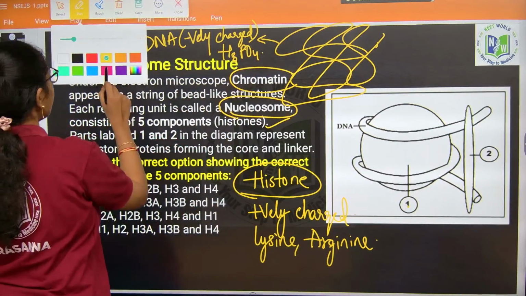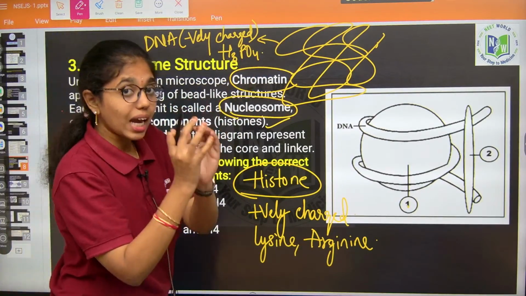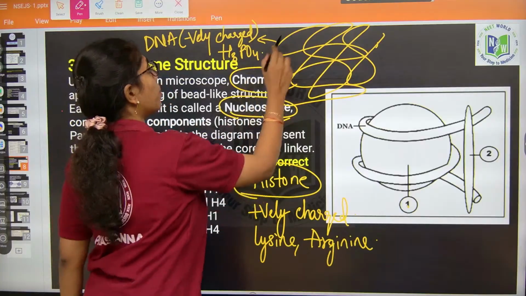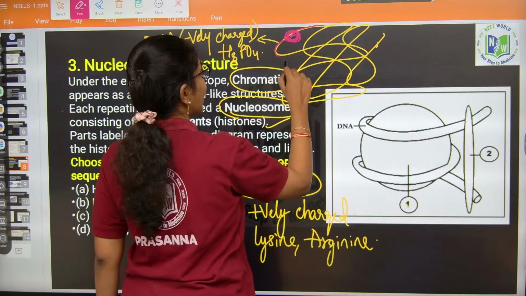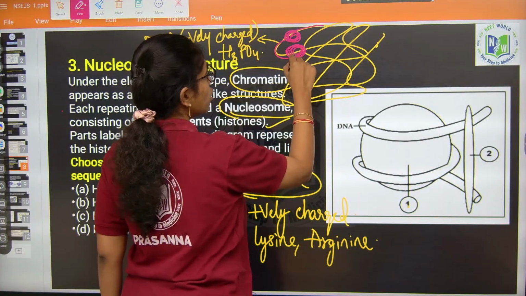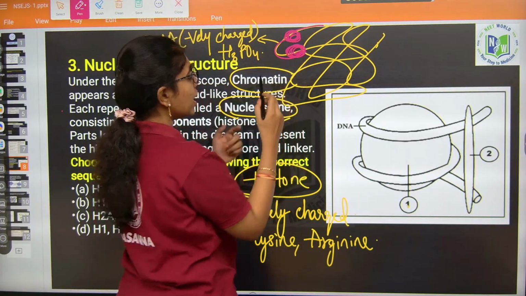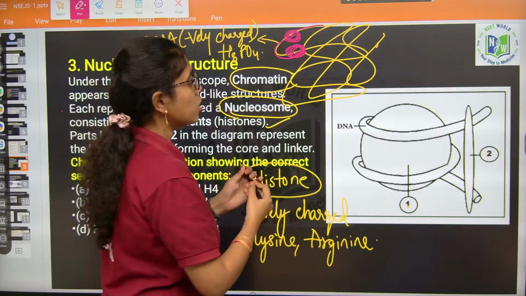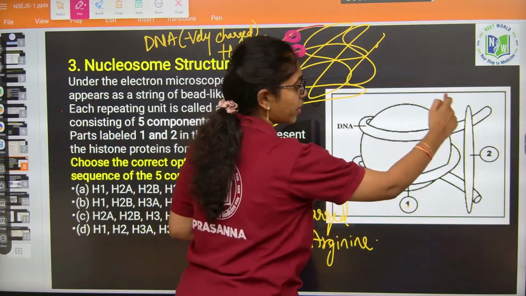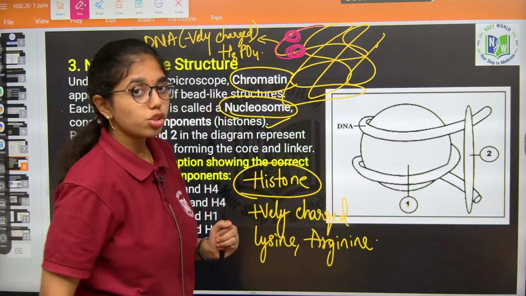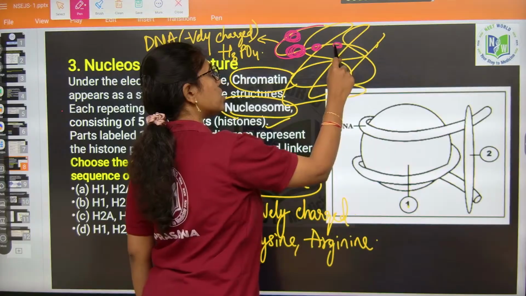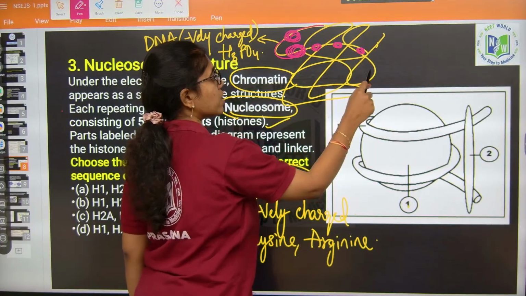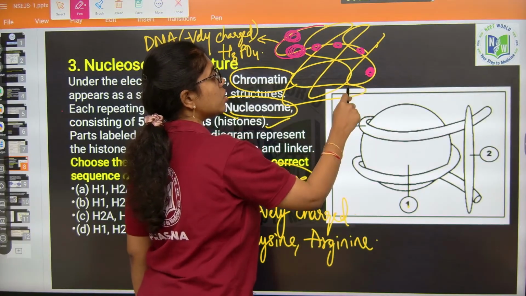Now this negatively charged DNA is condensed or packed by positively charged histone proteins like beads on a string. Each time the DNA is wrapping around the histone octamer, so this is the DNA chromatin thread wrapping around it.